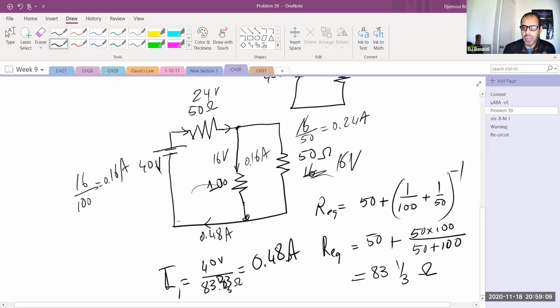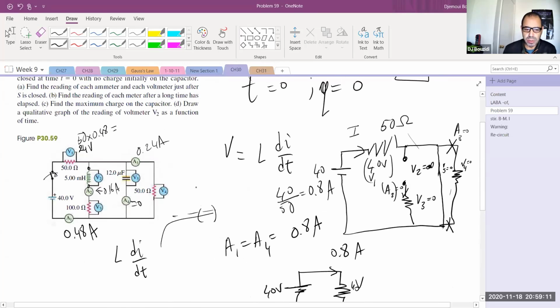Okay? So I have all the voltages. V5 is going to be infinite in this case because it's an open circuit. A4 is going to be 0 in the second case because there is no current flowing through that area because it's open. And V2 will be 0 because di/dt is 0. It's steady current now, so V2 is 0.